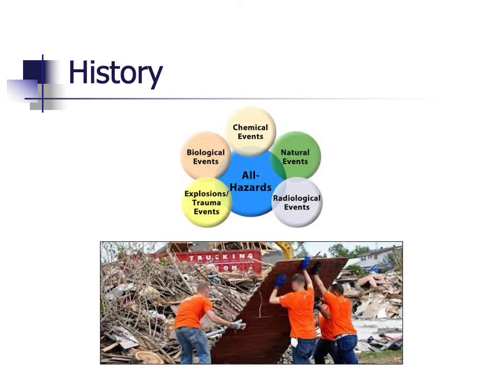Now, why did this perspective come about? Well, first of all, there was a recognition that we will experience all types of disasters. These could be conflict disasters, but they could also be natural hazards, technological events, pandemics, those types of things. So we have to take a broader perspective than just focusing on conflict disasters.